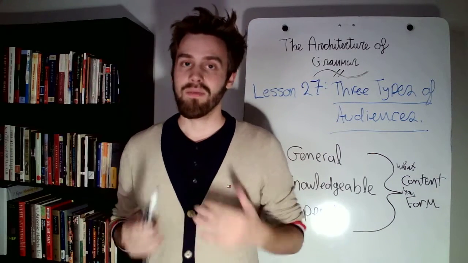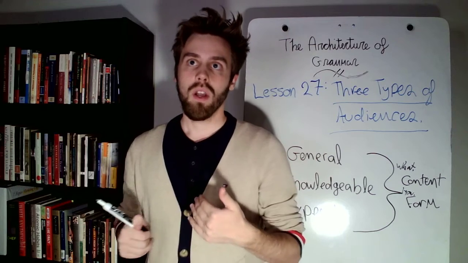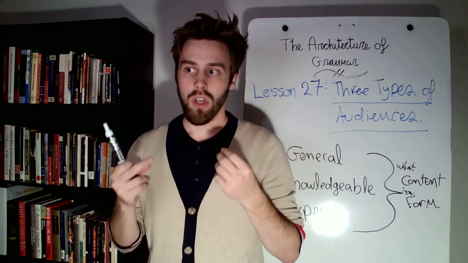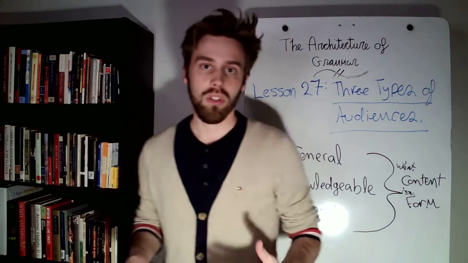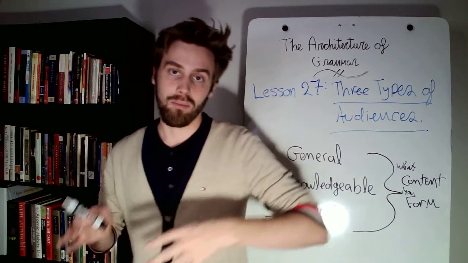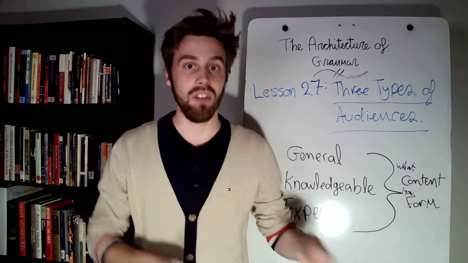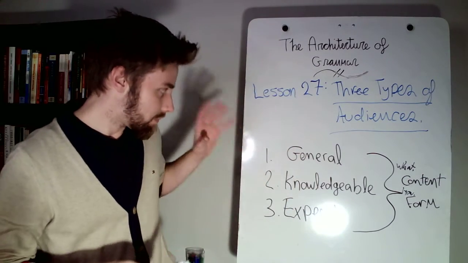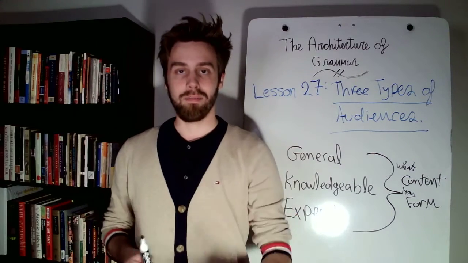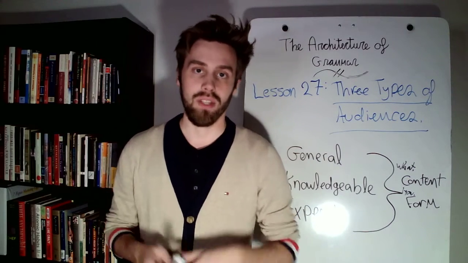And the same thing goes for the United States. If you have a book about India for a general audience, then of course Indian people have more knowledge about India than Americans have knowledge about India.